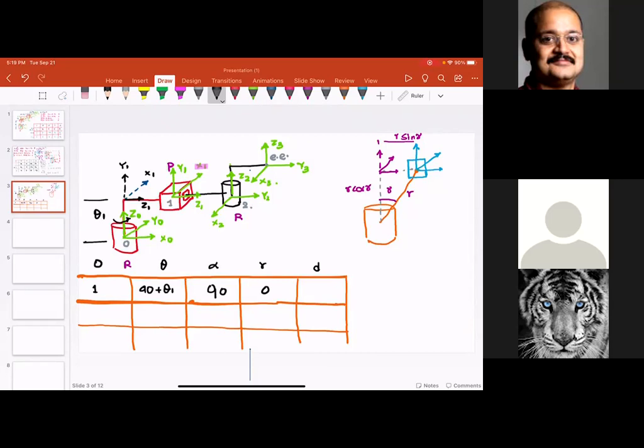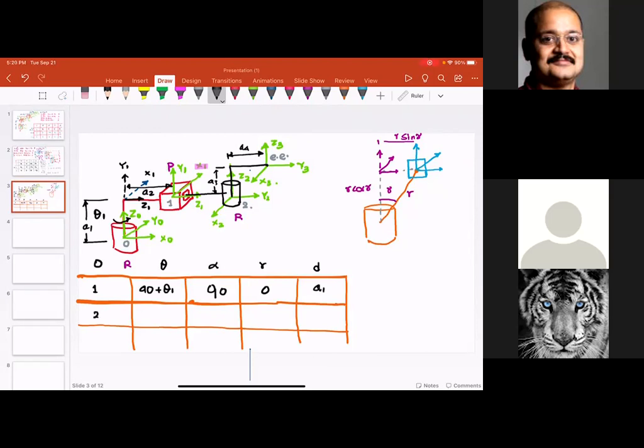This is A1. This distance I'm going to call A2. This distance is A3. And this distance is A4. So the D distance is A1.